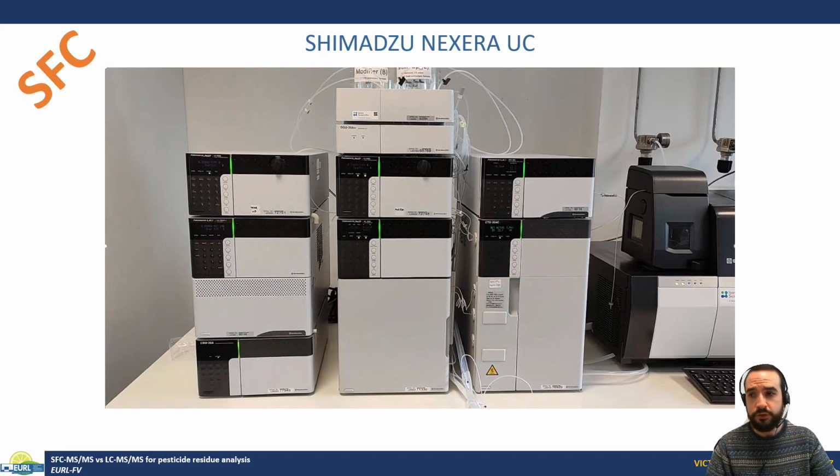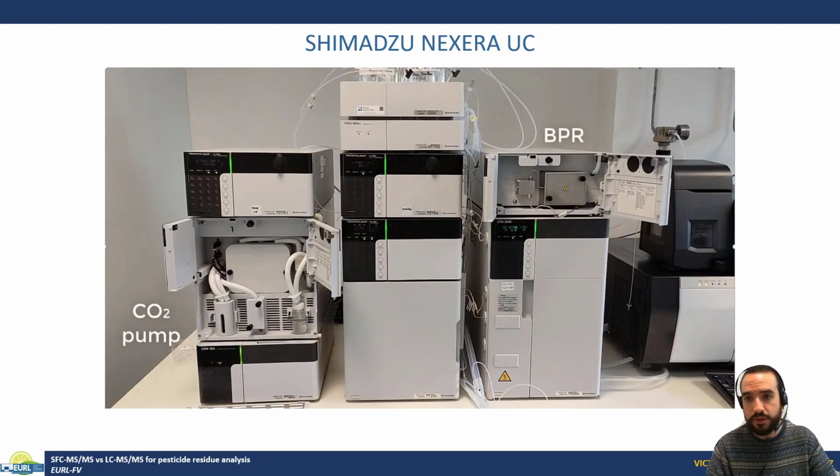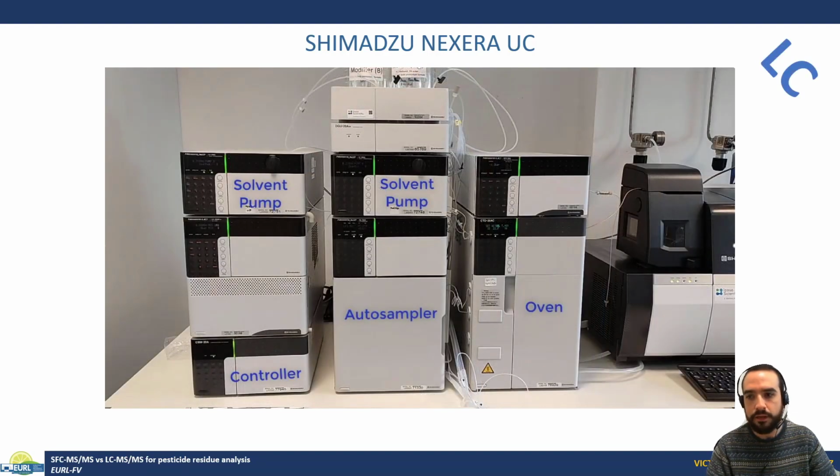So first of all, you need to know that you have two chromatographies in one system. This is the chromatograph that we have in our lab in Almeria. If we shut down the two main devices of the supercritical fluid chromatography, I mean the BPR and the CO2 pump, we basically have a liquid chromatograph system.